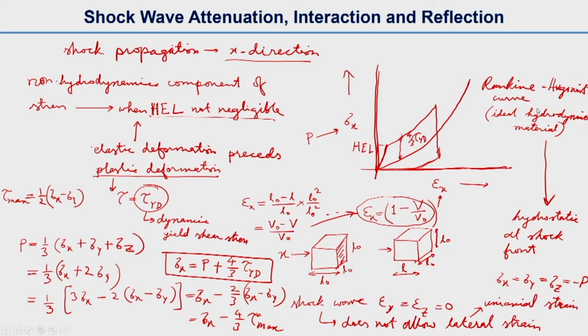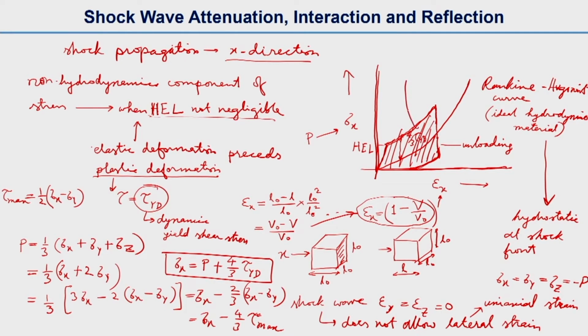The first curve was the Rankine-Hugoniot curve for an ideal hydrodynamic material, but if we consider that HEL is not negligible and there is a non-hydrodynamic component of stress, then the actual real curve will look like this. And if you do unloading, this is unloading, and this curve will come and return back like this, and this portion is the hatched area.